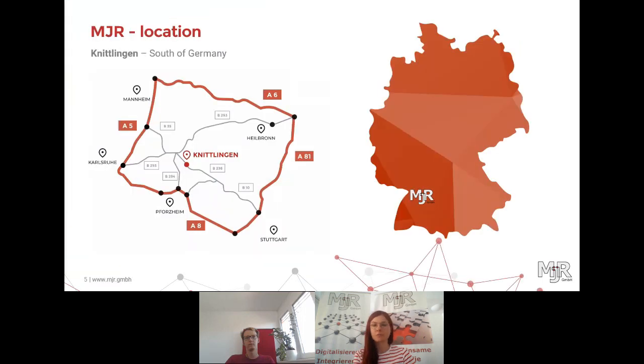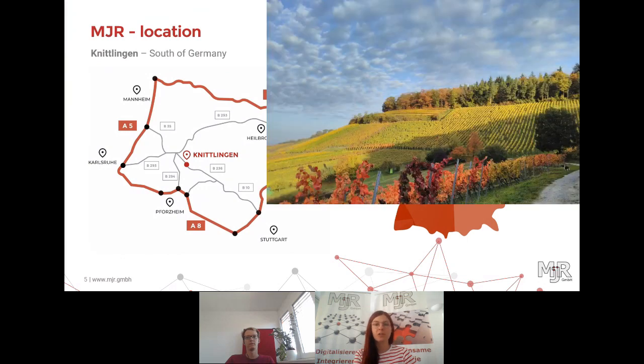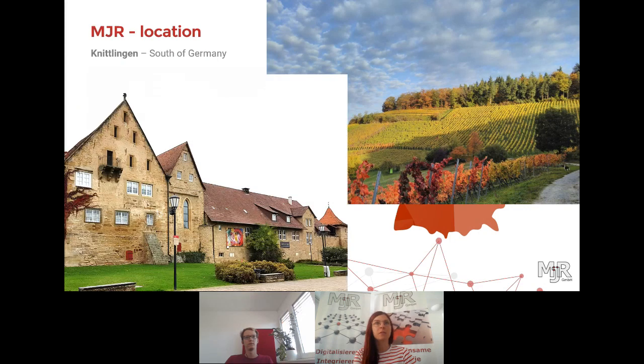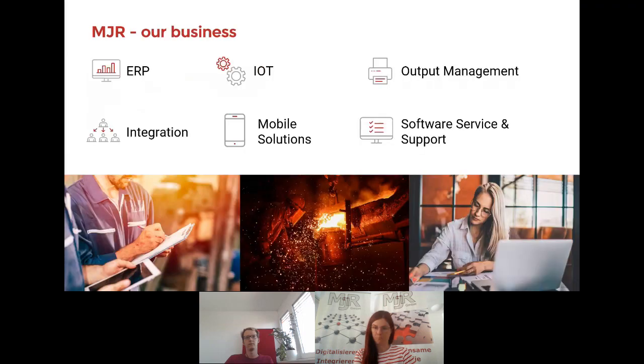We are located in Knittlingen in the south of Germany. Here you can see some pictures of our beautiful landscape and some historical buildings of our region. MJR is doing business in ERP, IoT, and output management.